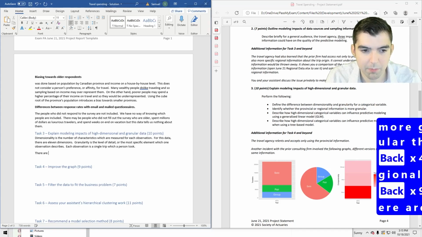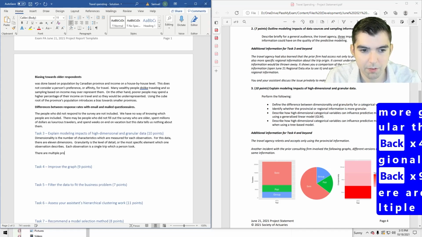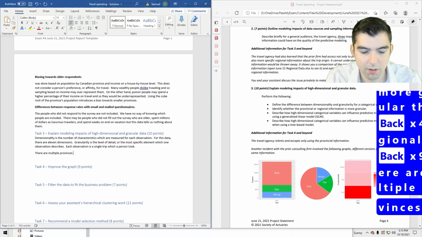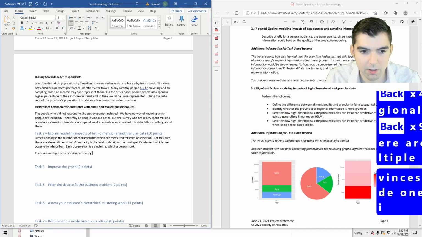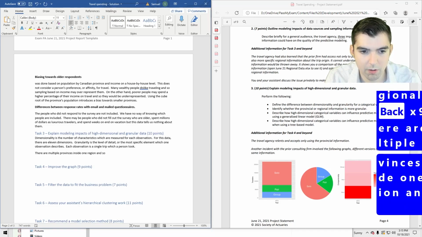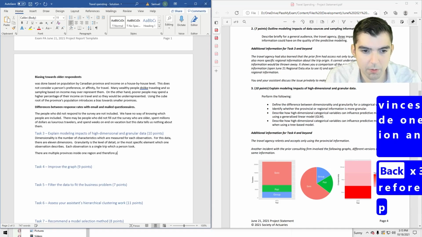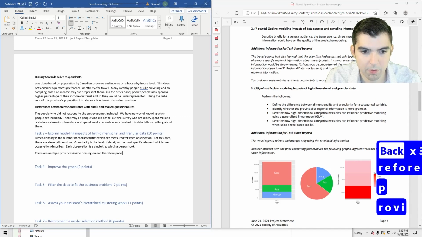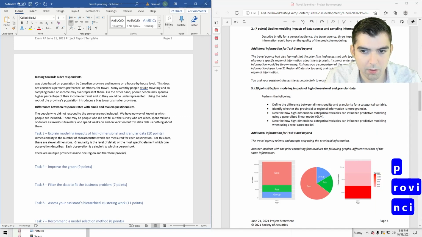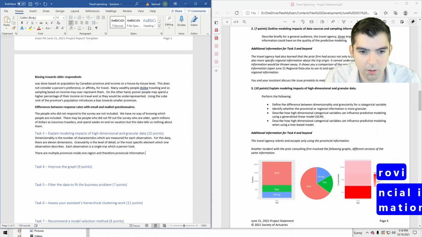Yeah, there are provinces inside one region. And therefore, a province is more granular.